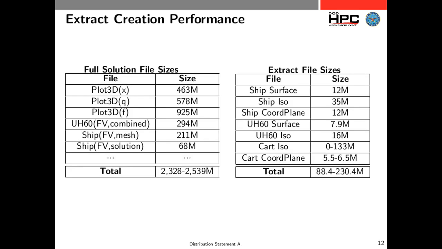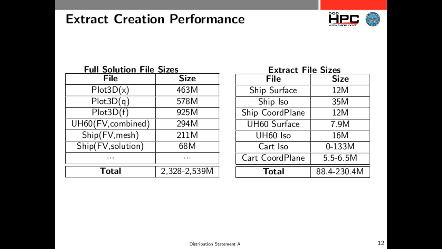In terms of file size, on the left are the traditional files that we would output: plot3d files for the coordinates, Q, and some other variables in the F function file, and then the unstructured meshes for the UH60, the ship, and the solution. That's just about 2.5 gigabytes for the traditional full volume.